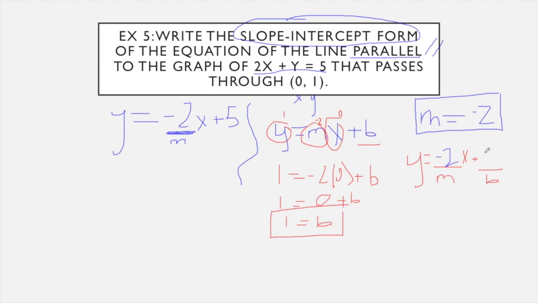B is a +1. So there's our equation. Y equals -2x plus 1. That is in slope-intercept form. So have this piece down for example 5. Y equals -2x, add 1.